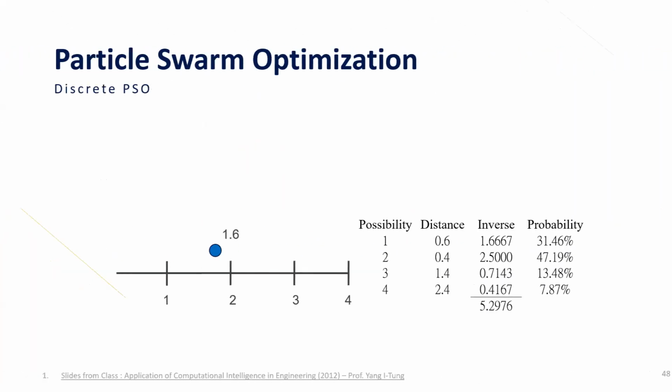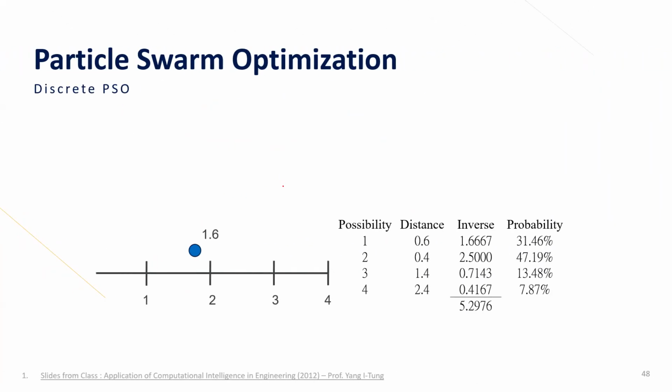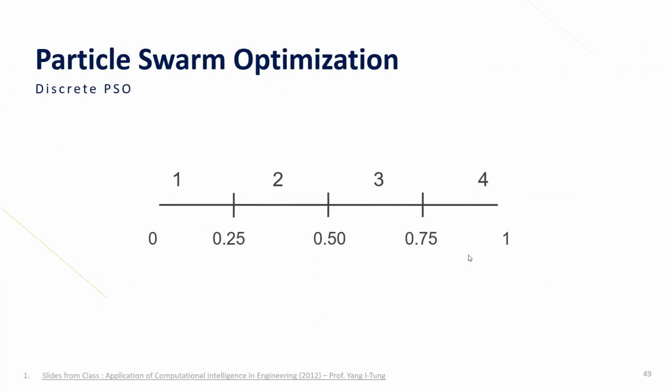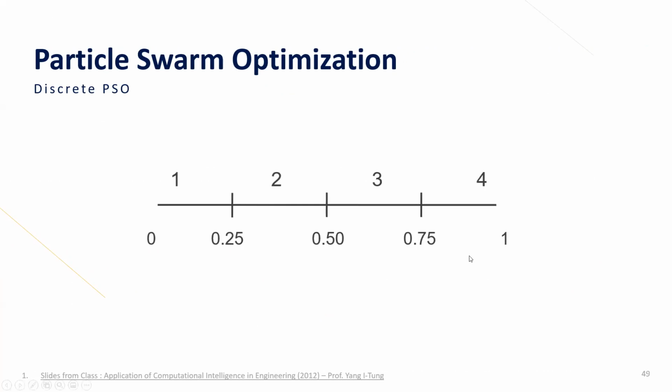For example, now you want to have the number of 1 to 6, then you can use rounding, round to the nearest integer. Very simple, right? For example, 1.6 is rounded to 2, because the nearest integer is 2. Another way is also possible, but I'm not going to touch on it in detail. I think it's easier to explain by example later if I have time to code it.